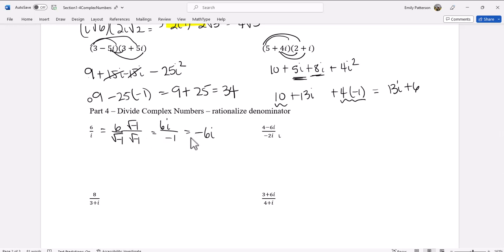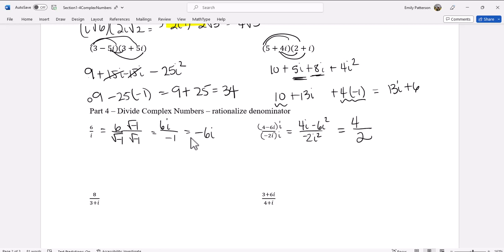So if I multiply this by i, and I multiply this by i, we still are multiplying top and bottom by the same number. On the bottom, I have -2 times i, so this is -2i squared. And then distributing this, I've got 4i minus 6i squared. So then all we have to do is simplify it. -2 times i squared, which is -1, is a +2.